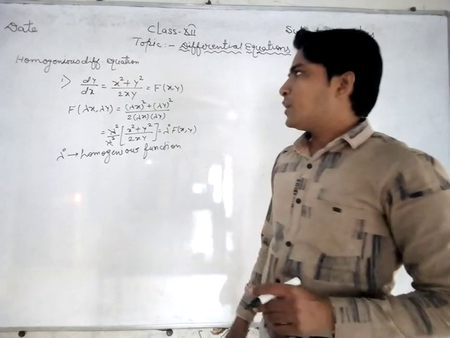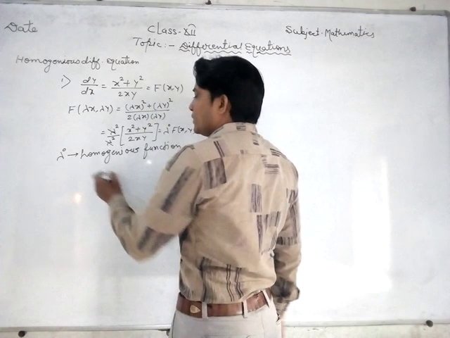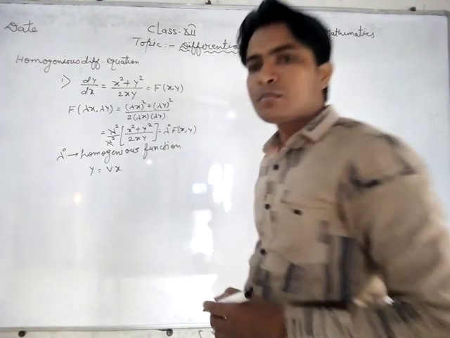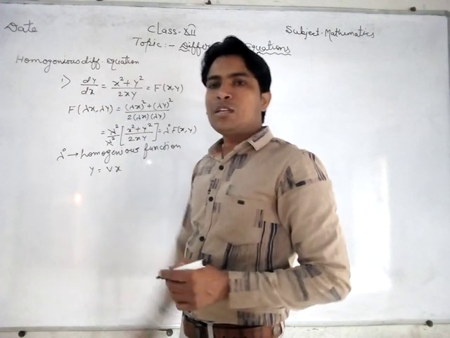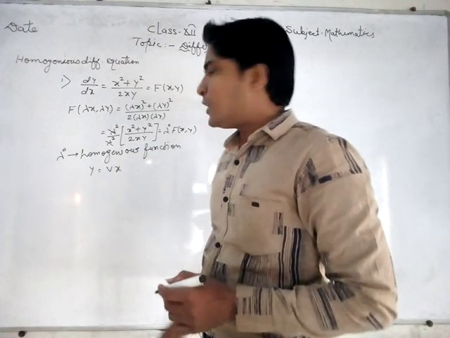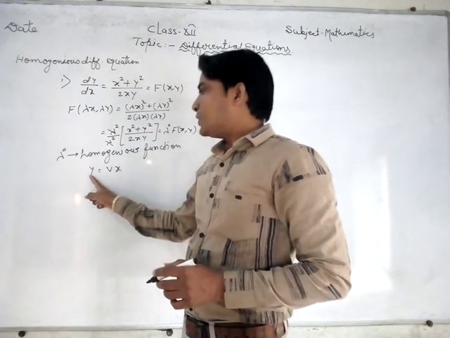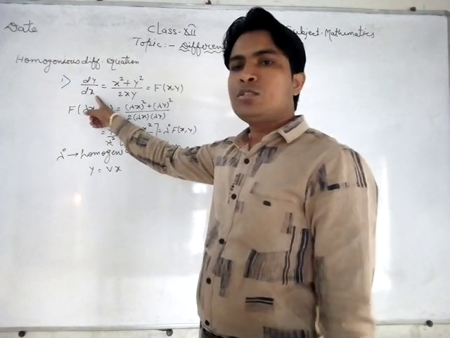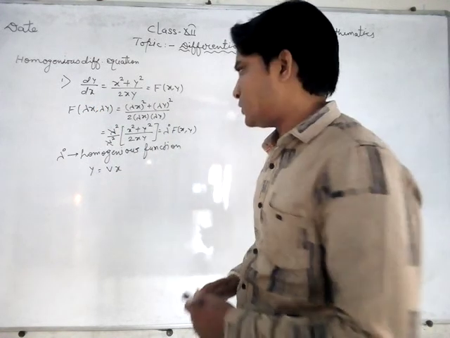Clear? Okay. Now for this homogeneous differential equation we put y equal to vx. Here the equation is of the form dy by dx. If it came as dx by dy, then we would put x equal to vy. But here dy by dx is equal to this function, so we put y equals vx.